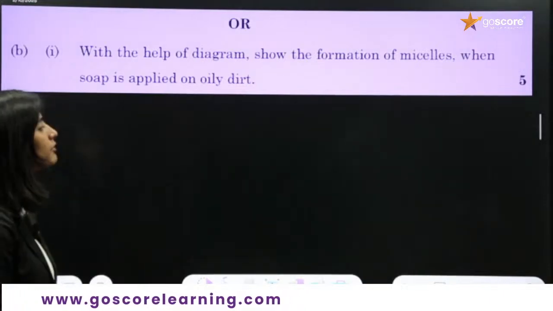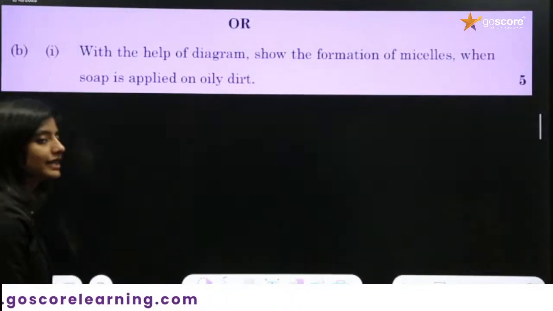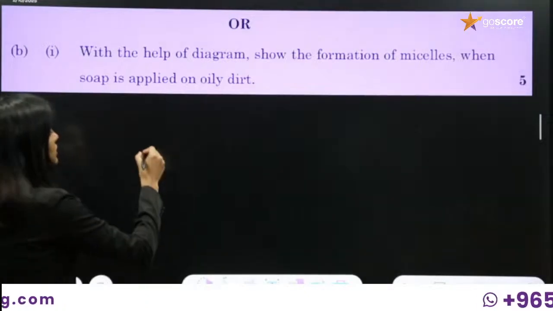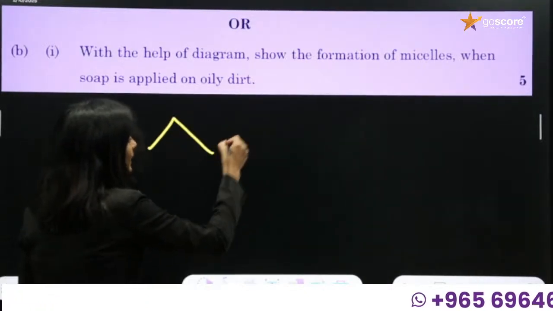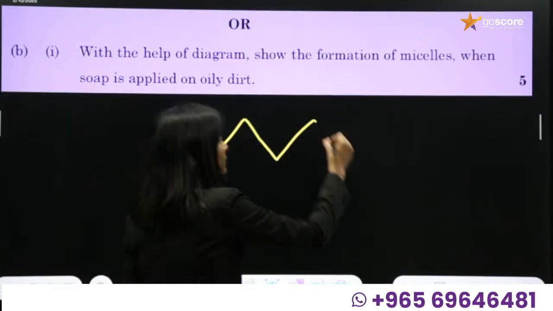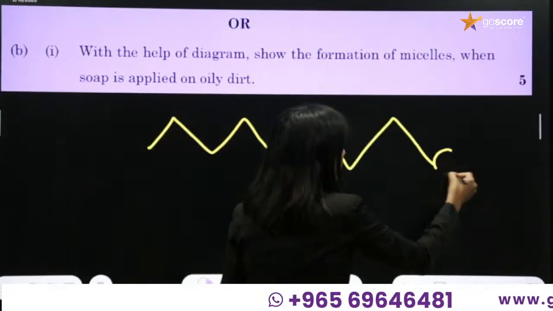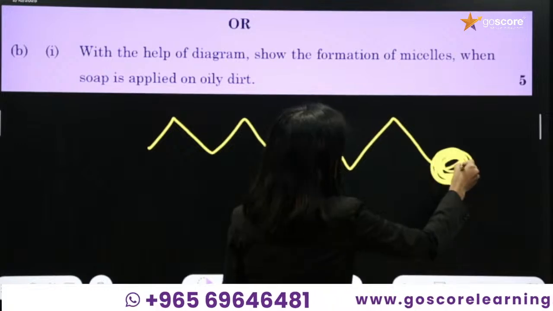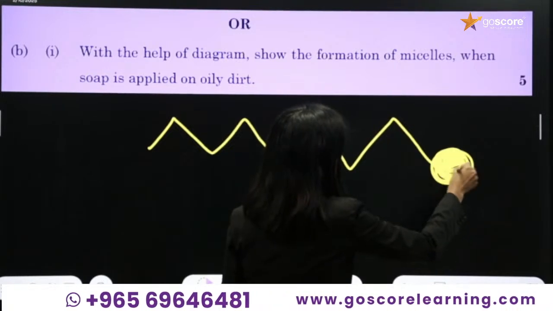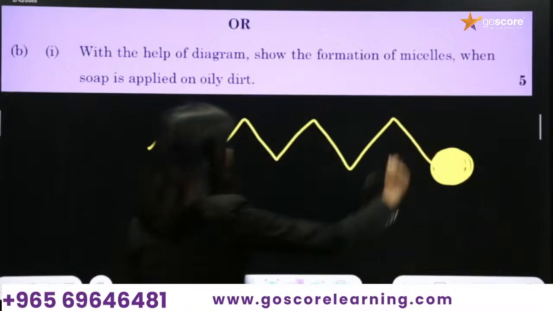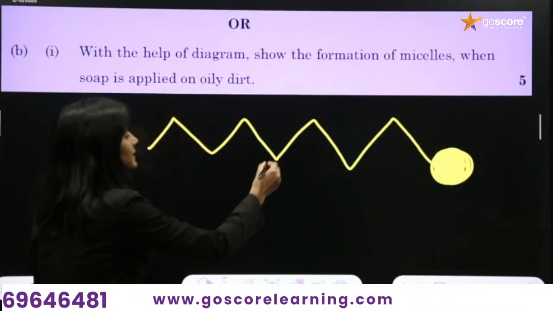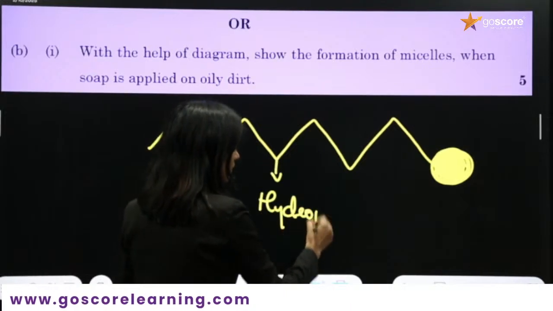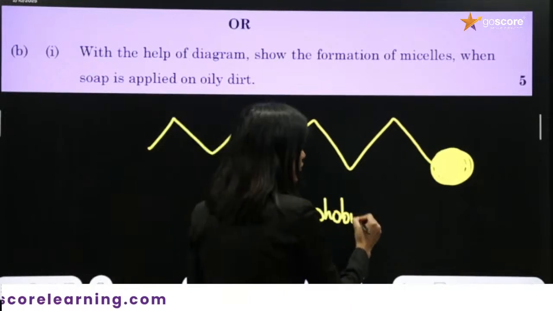Before getting into the micelle, you should really understand the structure of the soap molecule. The structure of the soap molecule lies like this.